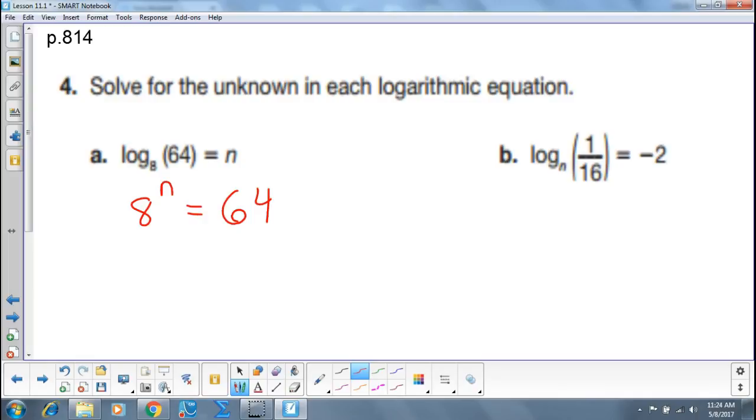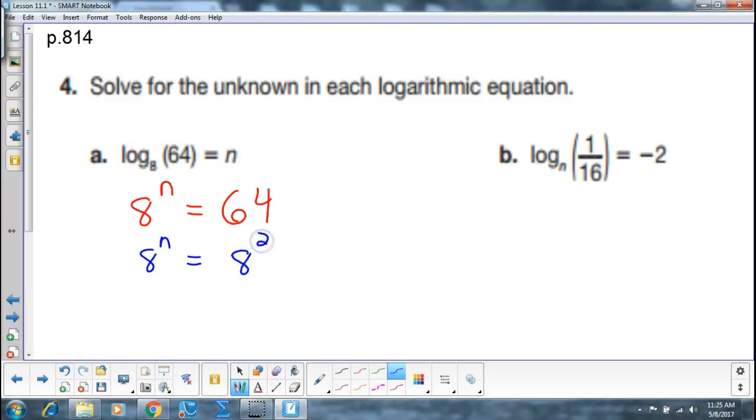The first question you could ask yourself is, what exponent can I put on 8 to give me 64? The answer would obviously be 2. The other question you can say is, how can I make 64 into a base of 8? Well, slap an exponent on there of 2, so n equals 2. With me? What I would like you to do now is I'd like you to do B.